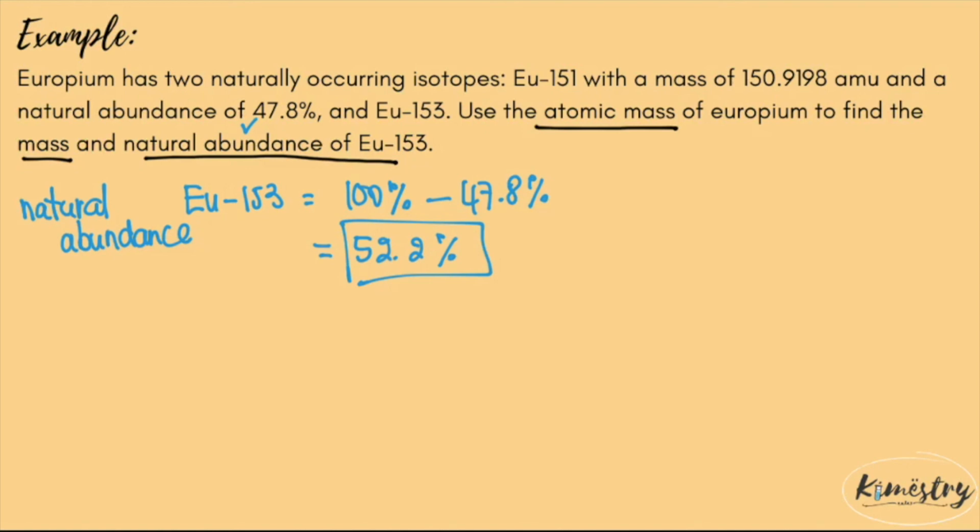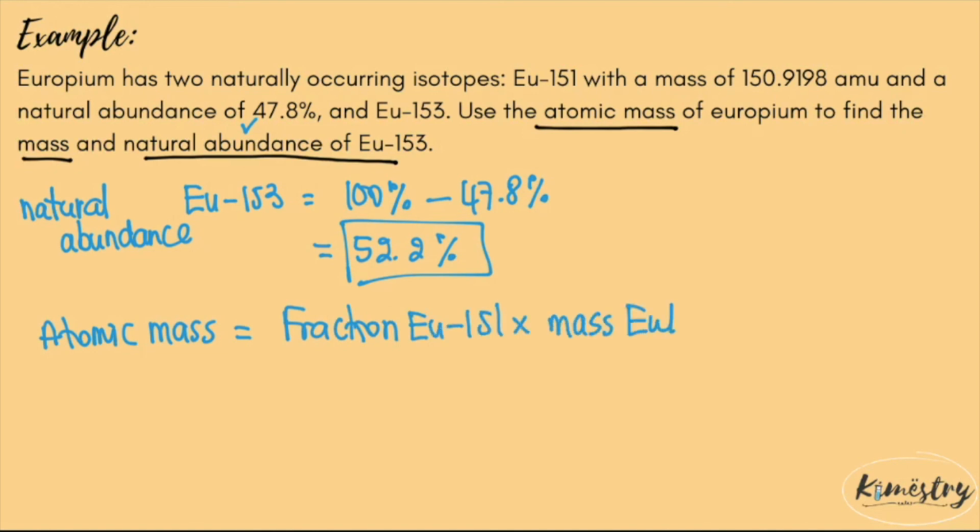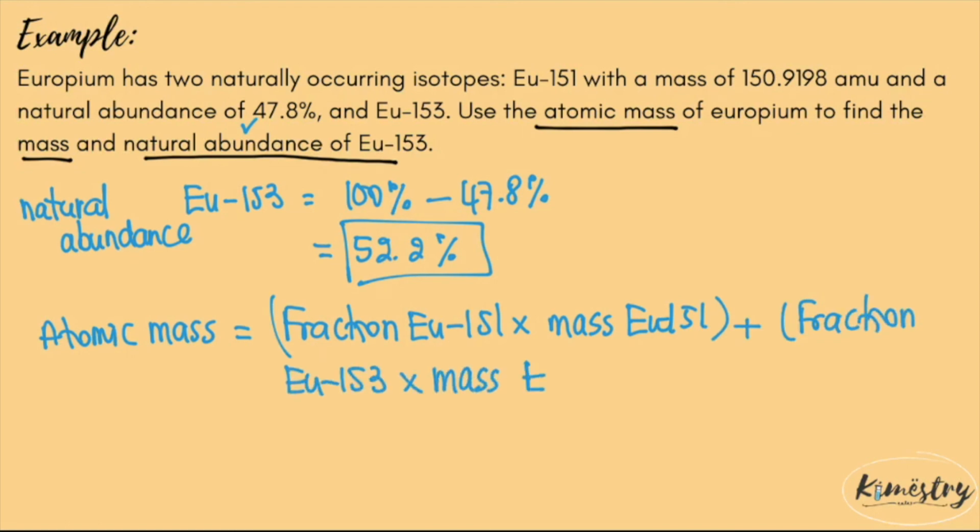We're going to use the same formula that we just did. So atomic mass is equal to fraction of Eu151 times mass of Eu151 plus fraction of Eu153 times mass of Eu153. So you can just plug in all the numbers and then find the mass, or you can try to isolate the mass first and then plug in the numbers.